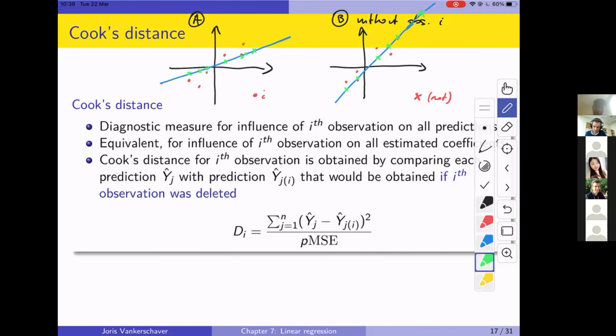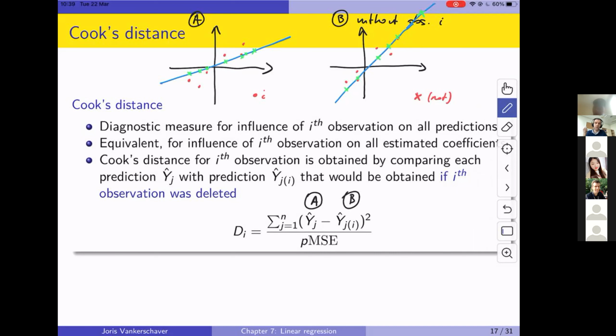And you can see that down below here in the fraction. So we take the difference between the predictions under both models. So these are the predictions from model A, and these are the ones from model B. And we take the difference and we square, because we're interested in the magnitude, not the sign, and we sum them all together.